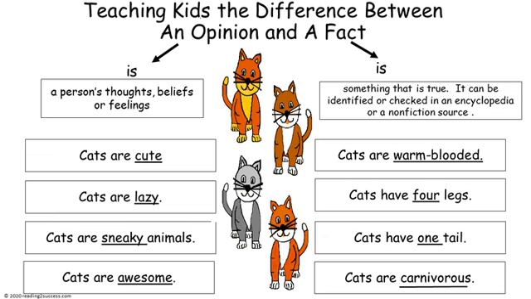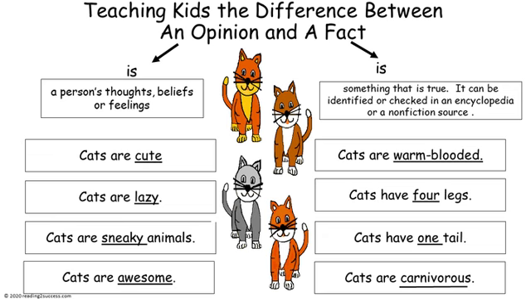Those are all opinions. Somebody else may think, believe, or feel different about cats. A fact is different. It is something that is true. It can be identified or it can be checked in an encyclopedia or nonfiction source.